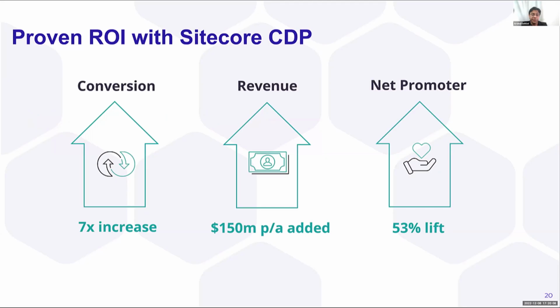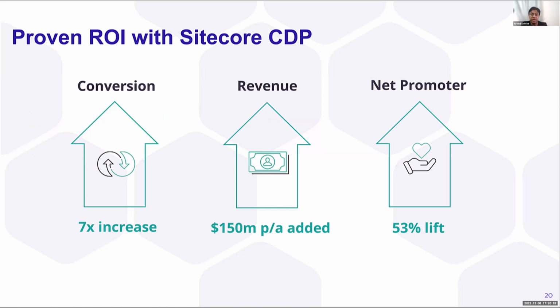The result with CDP: why does an organization want to invest in any technology? The answer is very simple: to get the maximum benefit out of it, return on investment, right? So let's figure out how Sitecore Smart Hub is performing. Organization conversion rate can be increased by 7x, and it can keep on increasing further.